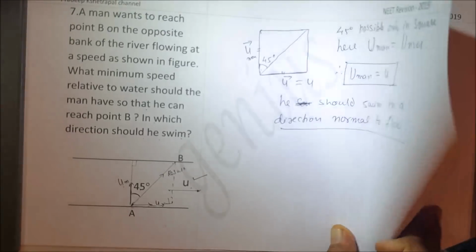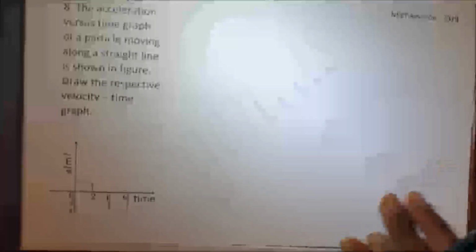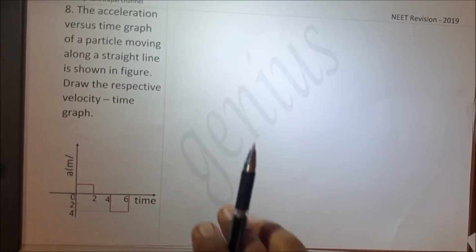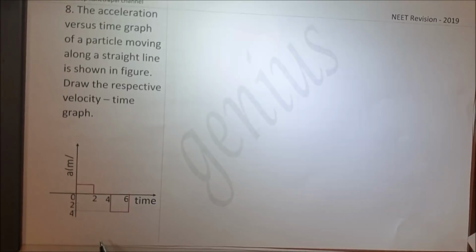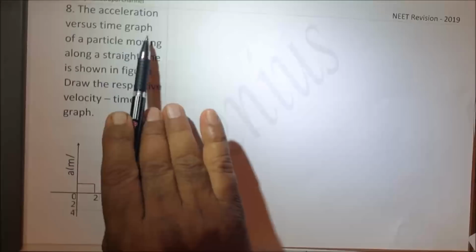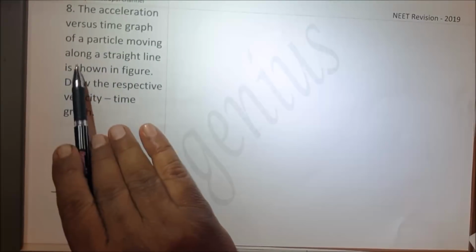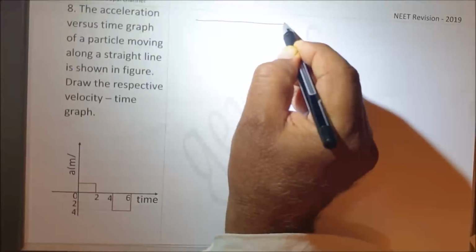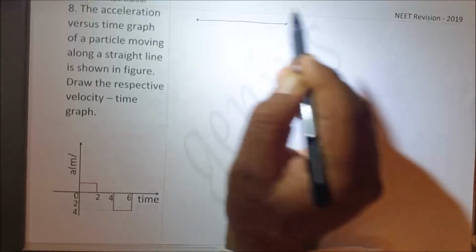And now let's go to the next question. This question says the acceleration versus time graph of a particle moving along a straight line. The motion is basically in a straight line.